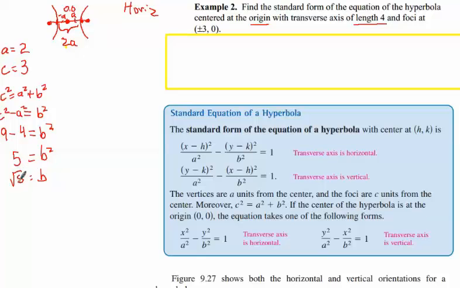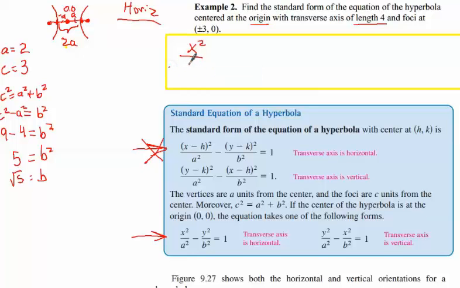So let's see, what do they want us to do? Find the standard form of the equation. We said this has a horizontal transverse axis. Oh, but the center isn't at h comma k, the center is at 0, 0. So we're going to use this form here, x squared over a squared. We were given that a is 2, so a squared is 4.